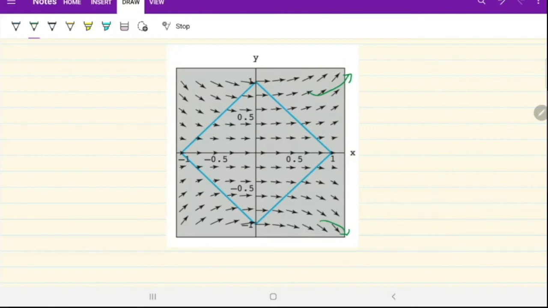In that way, net circulation is 0. So what we obtained by computing the contour integration, we can also verify by plotting the vector field for the given function. So that was all about the relation between contour integration of a complex function and circulation and net flux of a moving fluid.